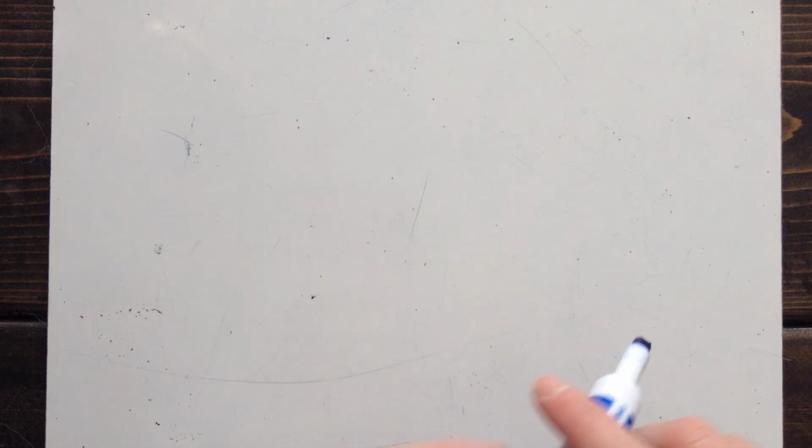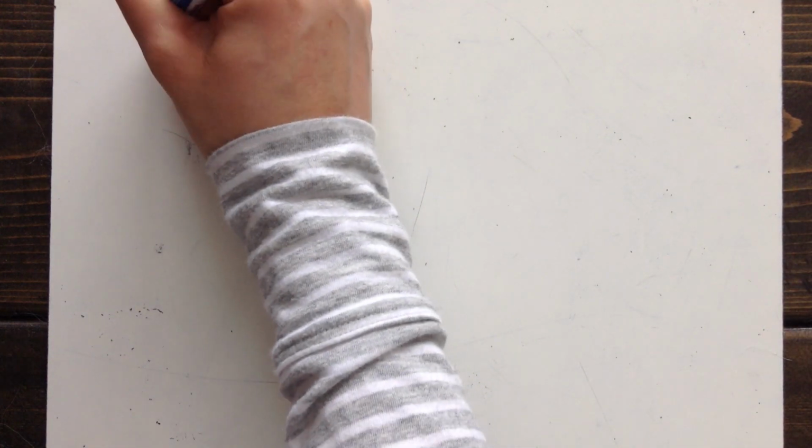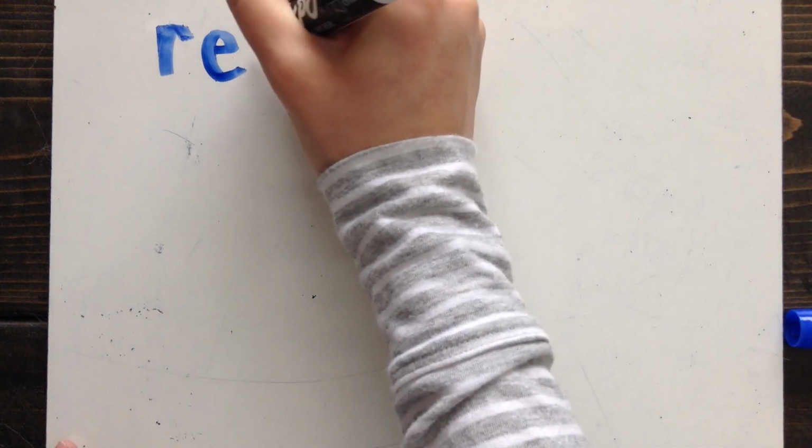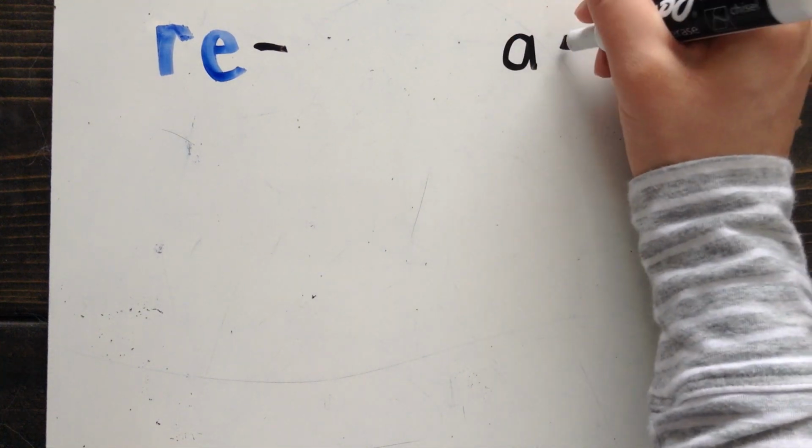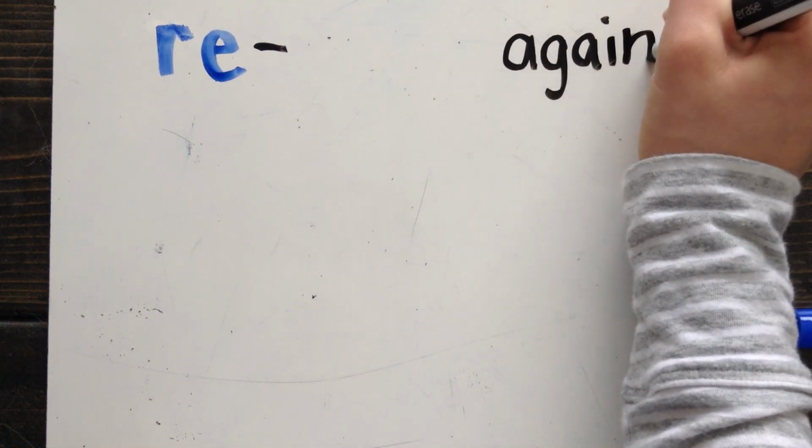There are some very common prefixes that you might find regularly. Let's take a look at some of them. We just looked at the prefix re, which, when added to the root of a word or a root word, means again.